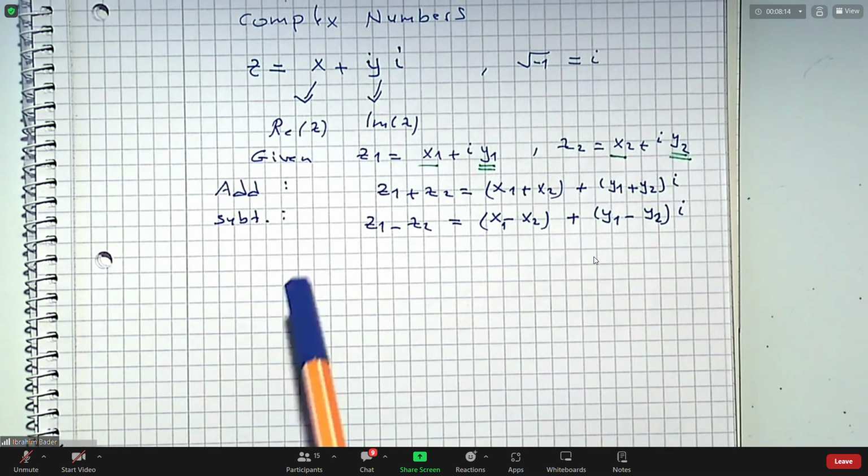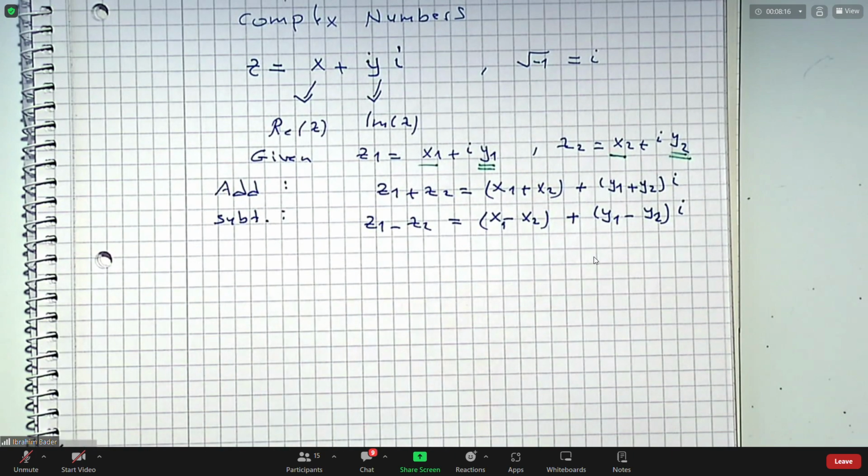So that means here z1 minus z2 is different than z2 minus z1.